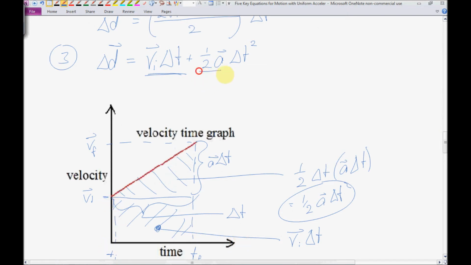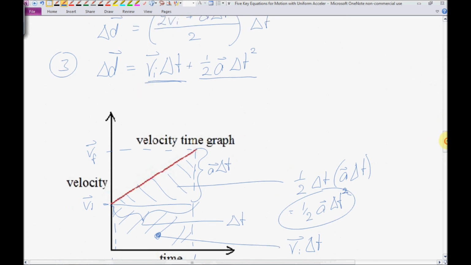And the second part of the equation here is the 1/2 a delta t squared. So the base is delta t. The height is a delta t. So to calculate the area of the triangle, it's 1/2 times the base times the height, a delta t, which equals 1/2 a delta t squared. So equation 3 makes quite a lot of sense.